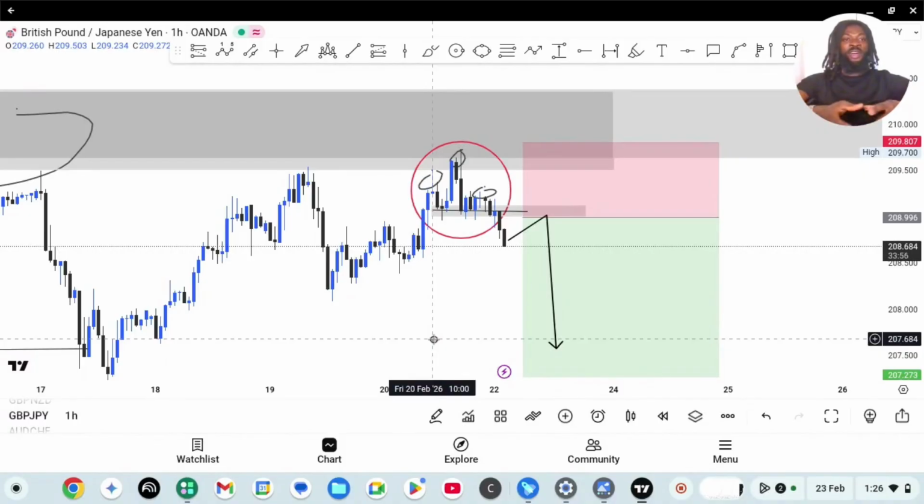That is why I've shifted to only look at price action, only focus on the bigger time frame. And since I've been focusing more on the bigger time frame, which is swing trading, I've been seeing a whole lot of positive vibes, and I've been seeing positive results in my trading journey.